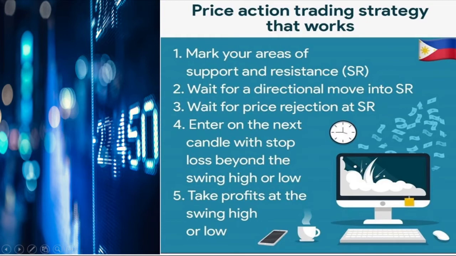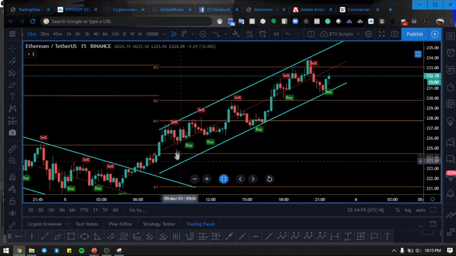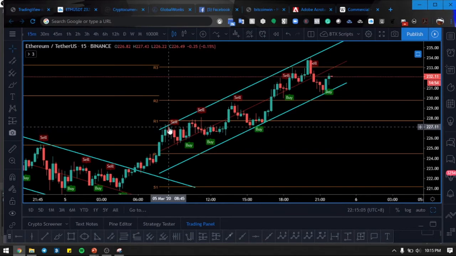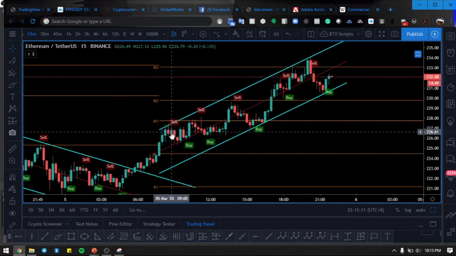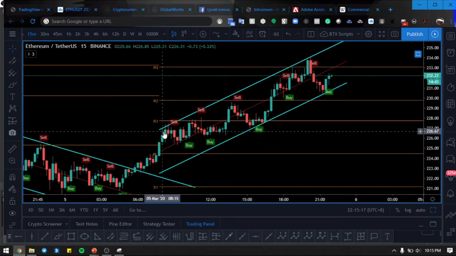Then we wait for a directional move into the support and resistance. For this instance, tinitignan natin, for example, gumalaw itong kandila and it went here, nakita natin na nag-red candle, dumikit siya sa ating resistance level, and then it was rejected. On the next candle, we will call a sell kasi malapit siya doon sa ating resistance.